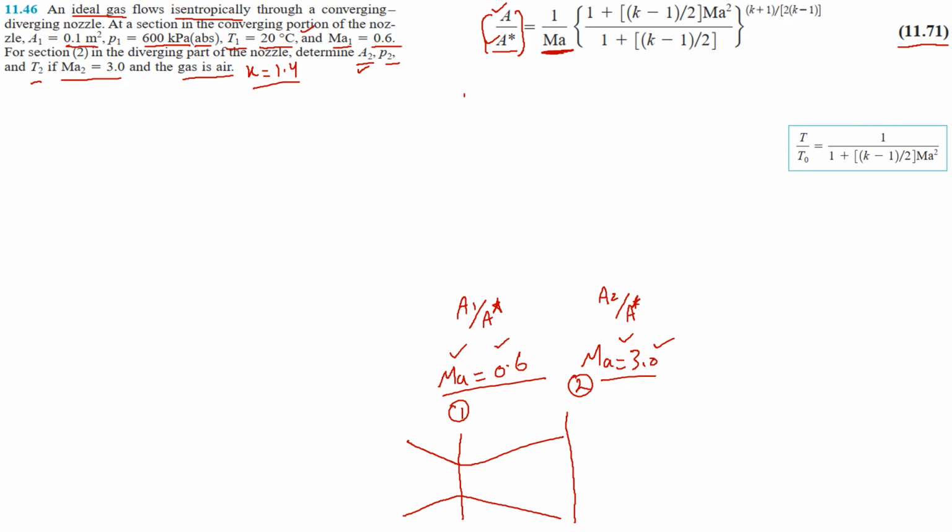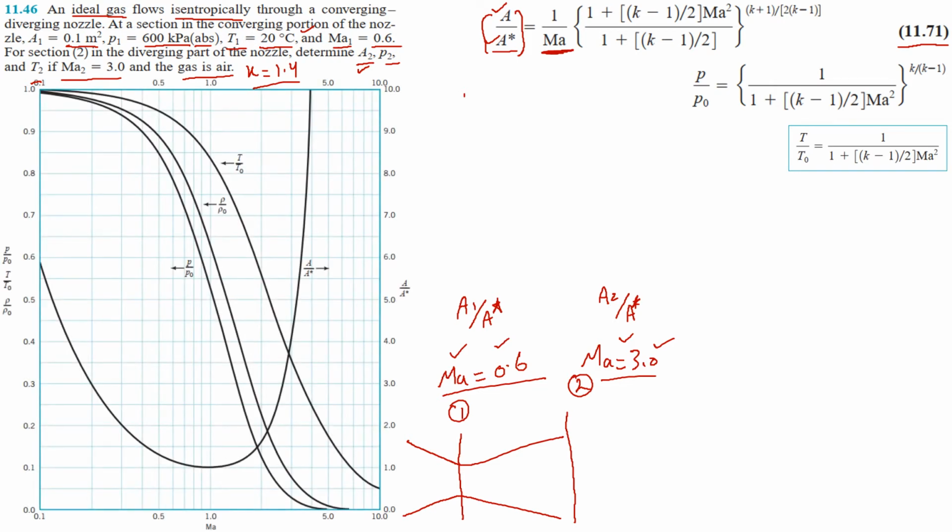Similarly, we are also going to use these equations. We will come back to these equations, that is for pressure and temperature, but first we are going to use this graph that we have, and first we are going to mark our Mach 0.6 that lies over here, and for that Mach number, our A1 over A star value will be read from the right vertical line that is given in this graph.